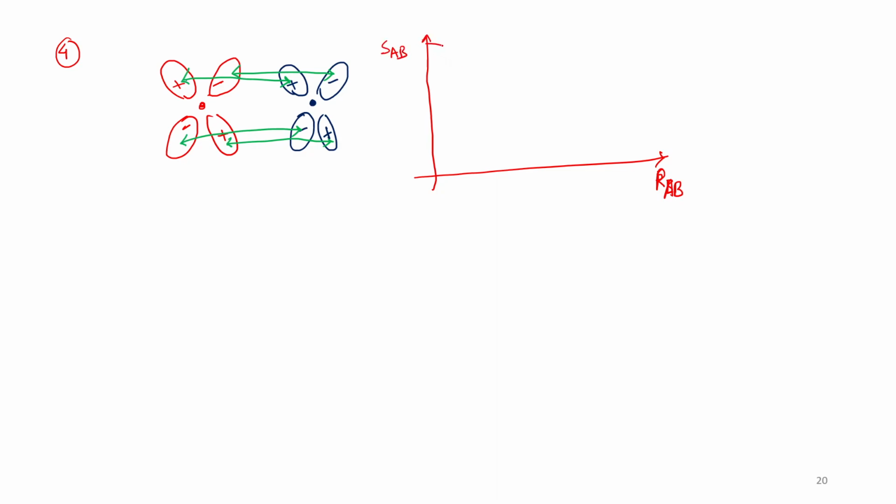So it will start from a maximum value and it will become 0 at infinite distance. So at this distance, I hope you got the idea.